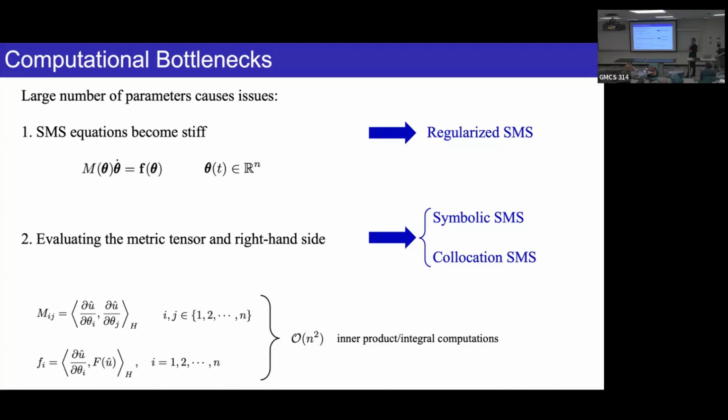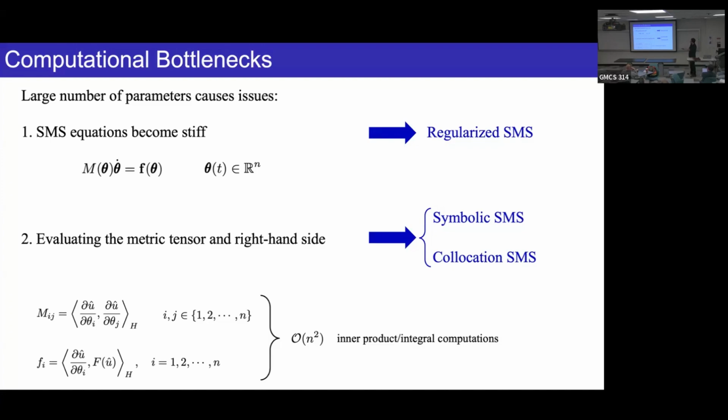If you use an explicit time integrator like explicit Runge-Kutta, it forces you, with adaptive time stepping, to take very small time steps to evolve the parameters in time. You could get around this by using an implicit integrator, like implicit Euler, and then you can take much larger time steps. But I like explicit methods because they have nicer features for me to use. So we wanted to do something about the stiffness of the problems, and the solution that we came up with, which I'll describe to you, is the so-called regularized SMS.